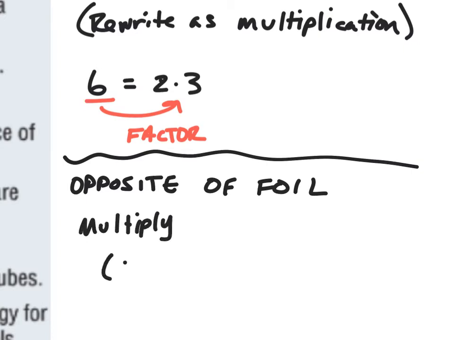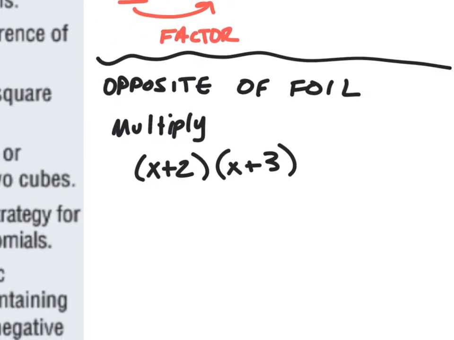Let's say that I want to multiply two binomials together. So let's say I have x plus 2 times x plus 3. We'll use 2 and 3 just like we had. Now remember, if we do FOIL, that's the acronym for first, outside, inside, last. If I multiply my first terms together, that's x times x, which gives me x squared.